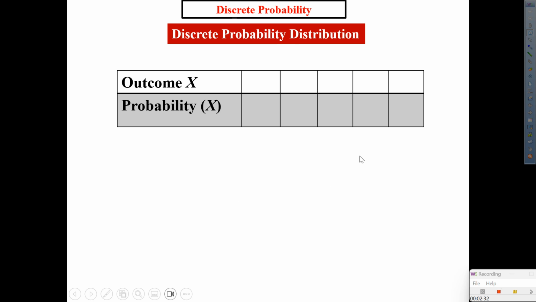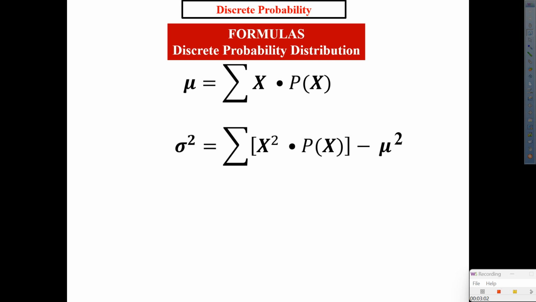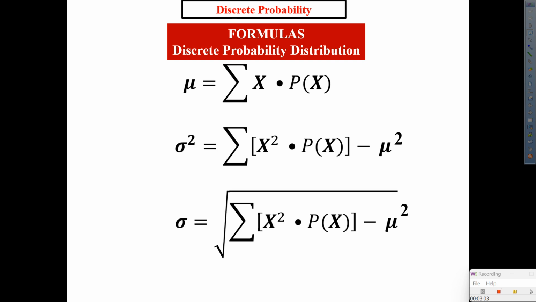Tell your neighbor what goes where on that probability distribution, just to make sure they remember. Also, we talked about formulas to find the mean, the variance, and the standard deviation of a discrete probability distribution.